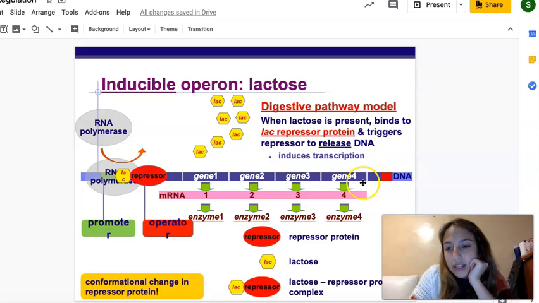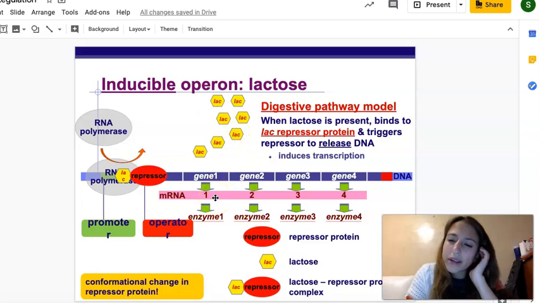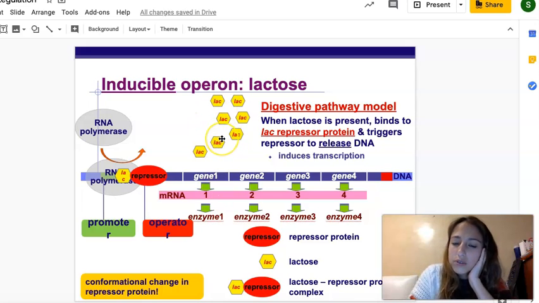So when the level of lactose reaches 0, no lactose can attach anymore because you don't have any lactose anymore. You've broken everything down. No lactose can attach to the repressor. So that means that the repressor is now active.